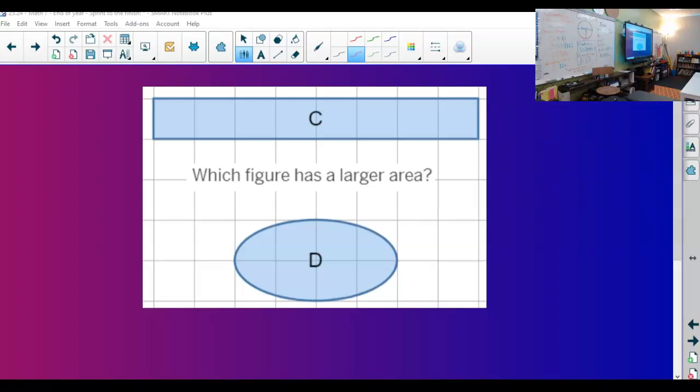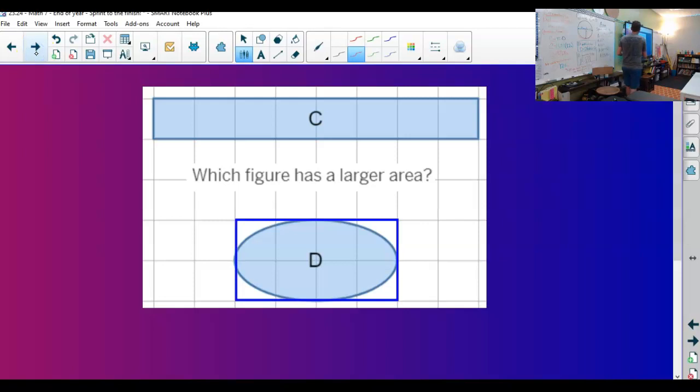Okay, how many can I see? Okay. If you do a rectangle around, how big would that rectangle be? Okay, so keep thinking through this slide and then you might change your mind.